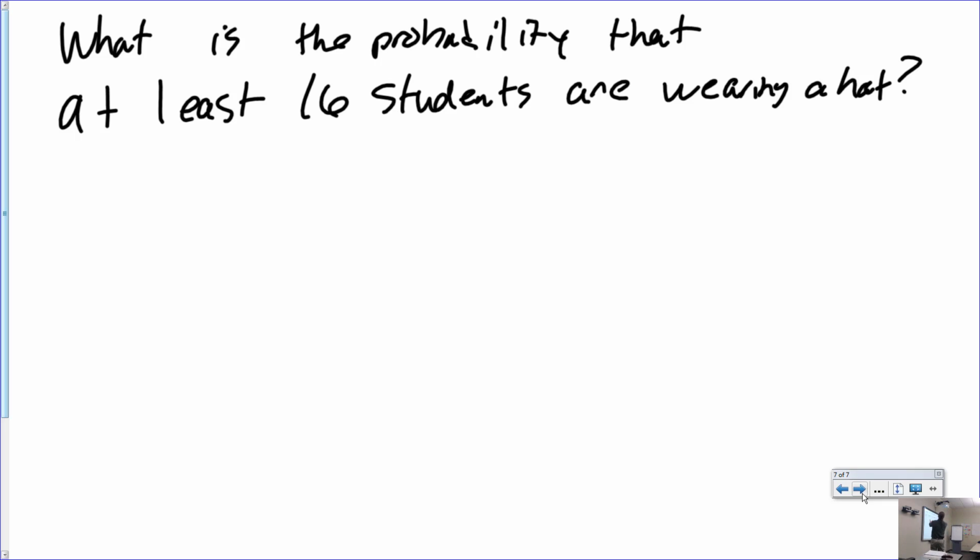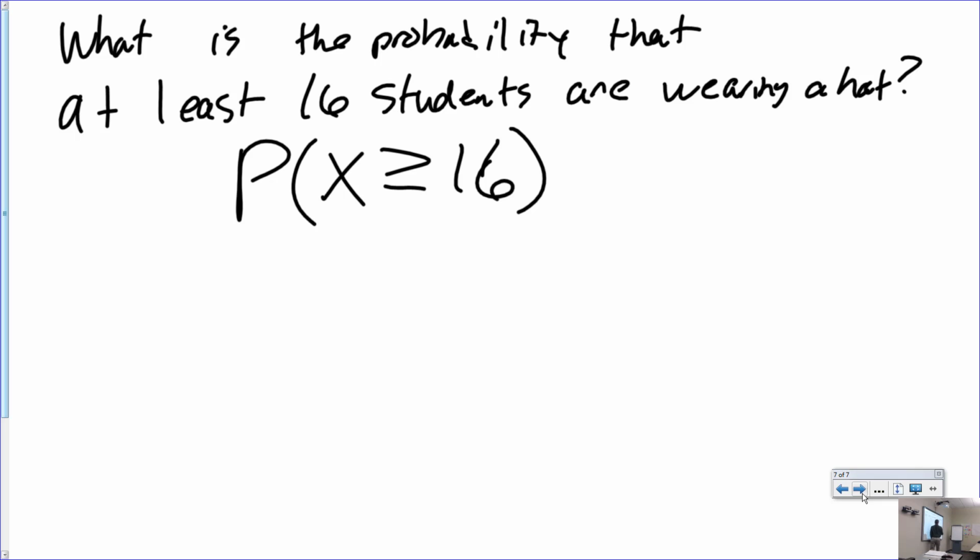So initially, folks, what are we working with? In theory, if we were working in the binomial case, X is greater than or equal to 16, right? Because at least 16 means that it can be 16 or more.